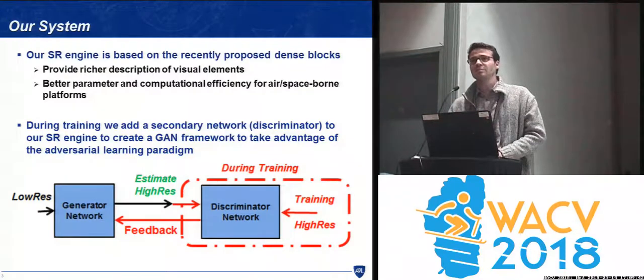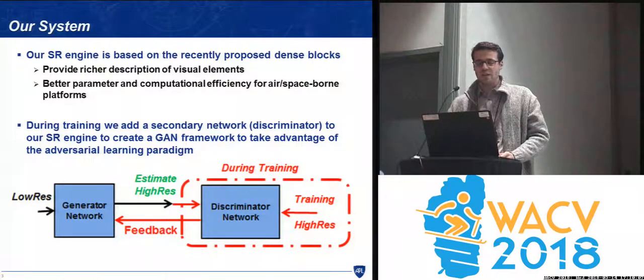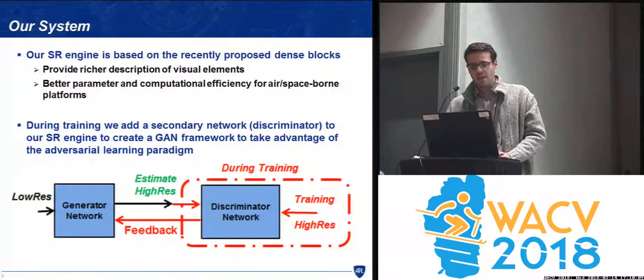So our super resolution framework uses the recently proposed densely connected blocks, and we fit it into a GAN framework where we add a secondary network, the discriminator. That's how it's known in the world of GANs. And the goal of the discriminator is basically to determine whether the image generated by our super res network is realistic or can definitely be improved.